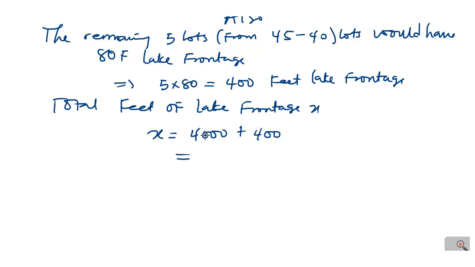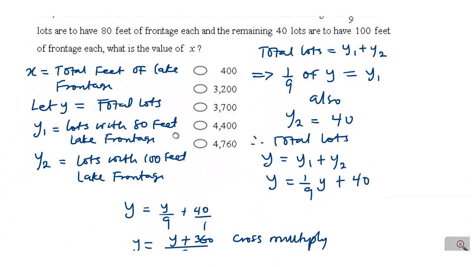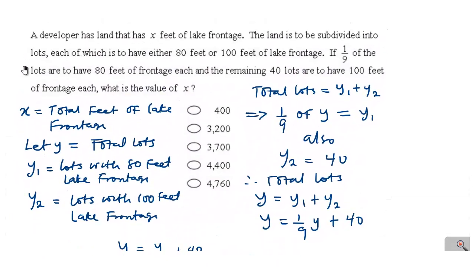So 4,000 plus 400 gives us 4,400 feet of lake frontage. So the correct answer to this particular question is option D.